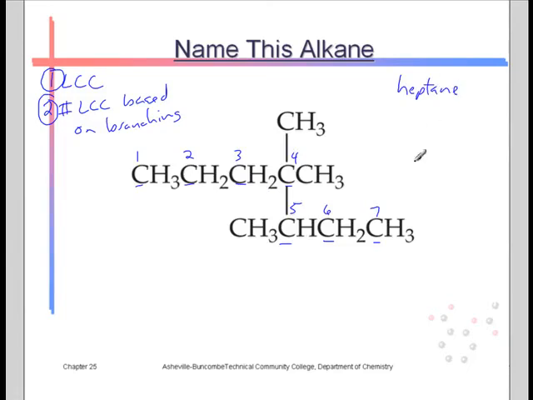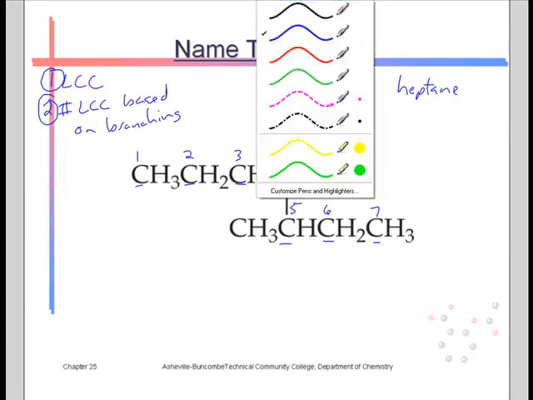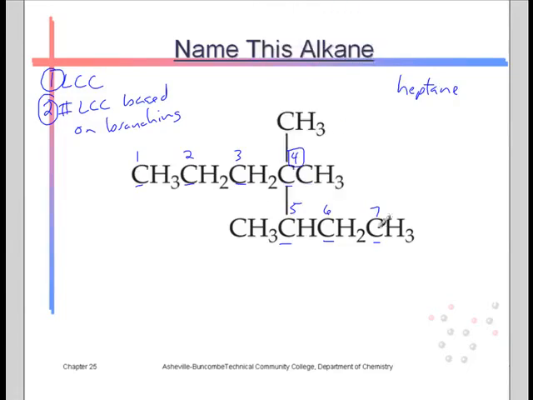I just don't know exactly how to number it, because if I start at this end, the first point of branching is that number 4. If I start at the other end in red, and let me do it within the carbons now, 1, 2, 3, 4, 5, 6, 7. Obviously I still get 7 carbons, but then notice here the first point of branching is actually at the number 3 position. And so the red is going to win out in terms of numbering the longest carbon chain.